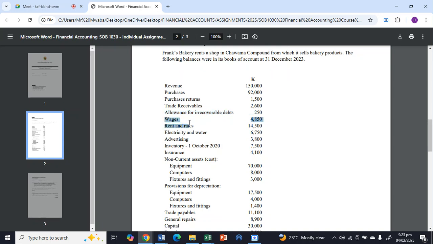Wages, rent and rates, electricity and water, advertising go in the income statement under the statement of profit or loss.